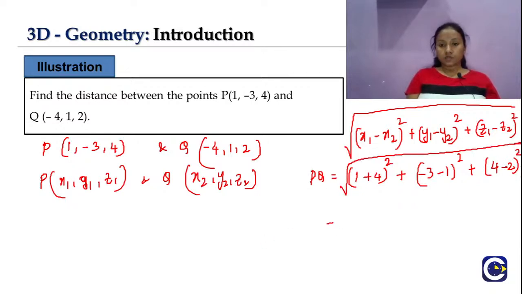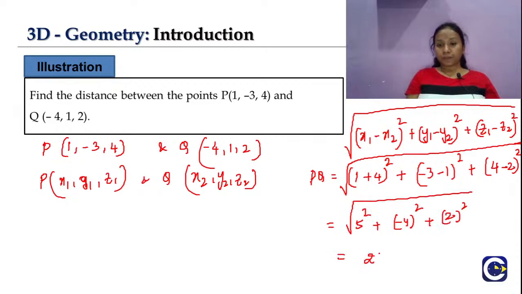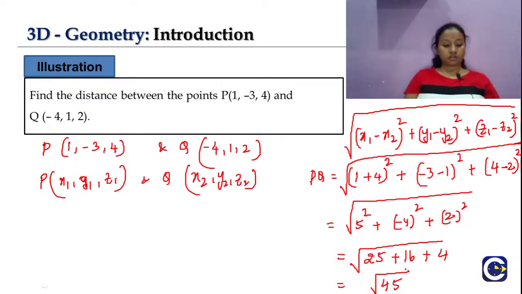So here 1 plus 4 will be 5 square, and minus 3 minus 1 will be minus 4 whole square, plus 4 minus 2 will be 2 whole square, under square root. So 5 square will be 25, and minus 4 is a square, so it will be plus 16, plus 4 here. So it will be 45. So root 45.